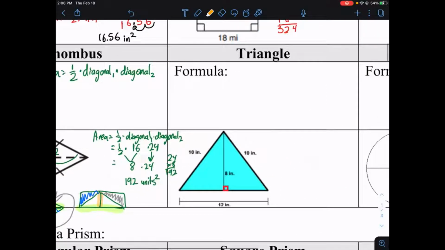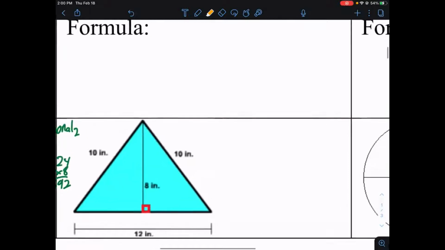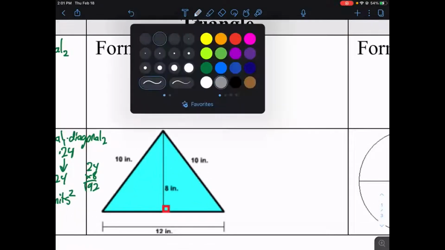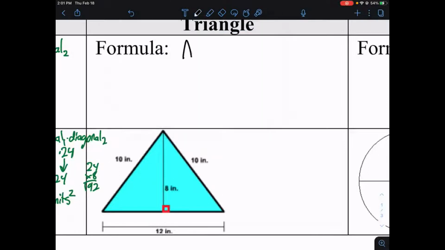Okay, so next the triangle. So again, likely a shape you may have seen in the past, but maybe not for a few years. Okay, so the formula for area of a triangle. It's 1/2 times the base times the height.